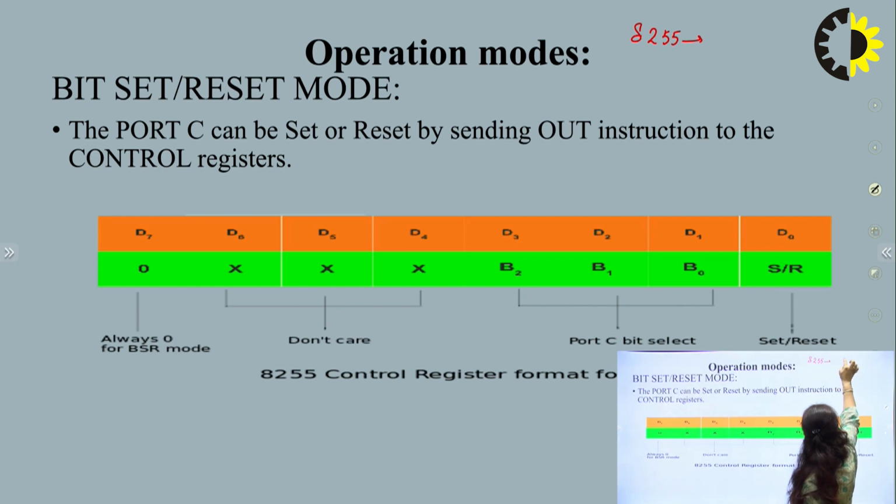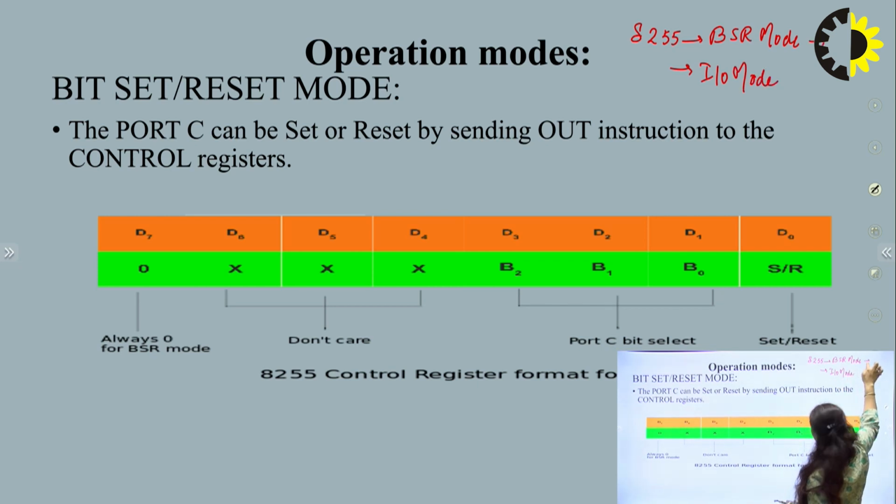One is your bit set reset mode, and the other one is IO mode. So this bit set reset mode will be selected when the D7 bit is 0. This IO mode will be selected whenever the value of D7 bit is 1.